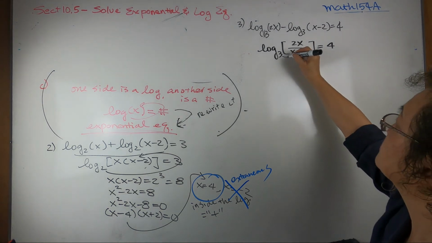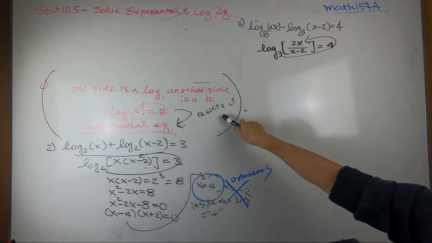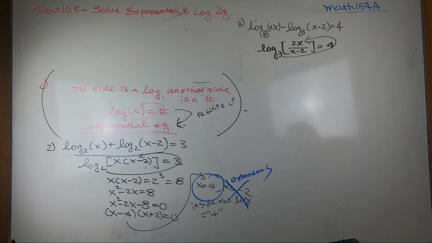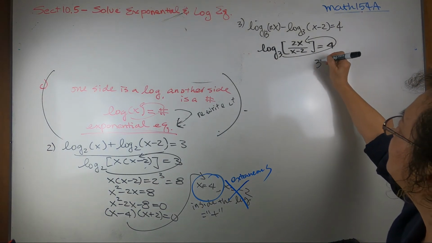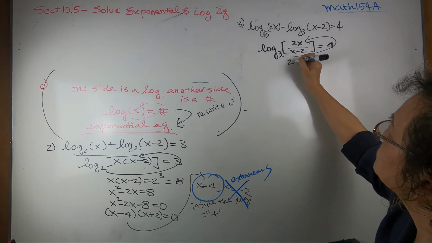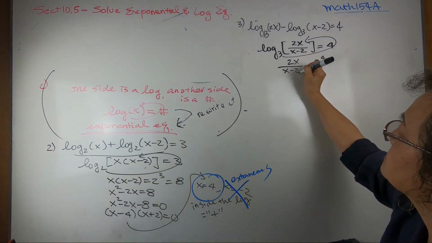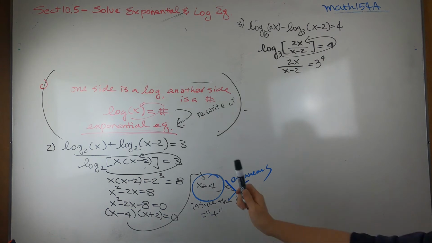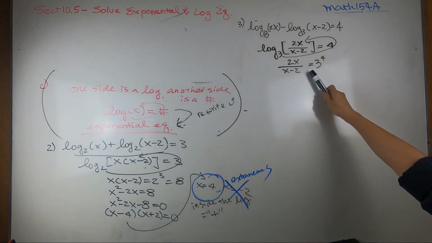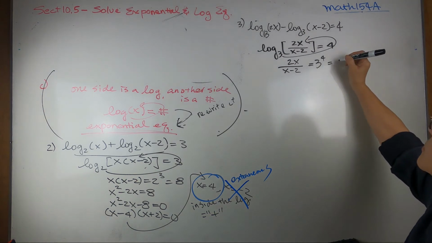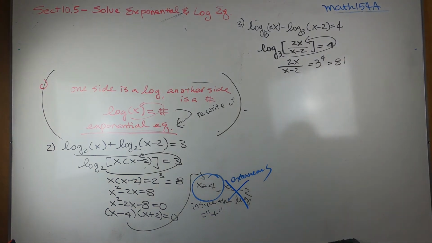Then with a single log, to resolve it, we will rewrite it as the exponential equation. So 3 to the 4th power equals what? 2x over x minus 2. 3 to the 4th power is 81, right?